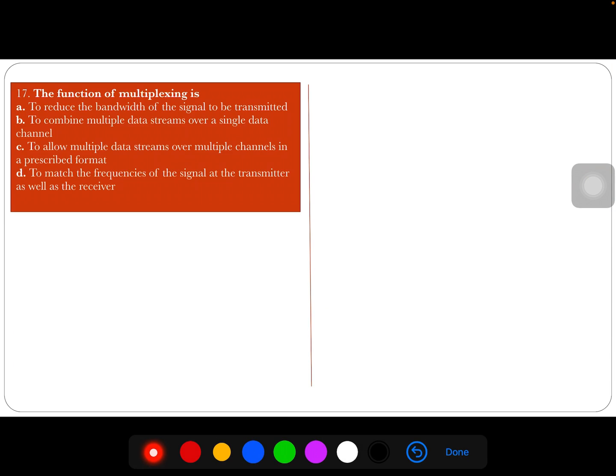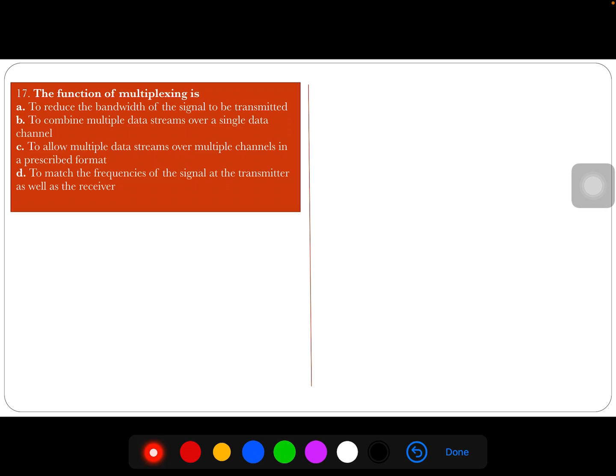Next question. The function of multiplexing is, see, what is multiplexing? When you are able to transmit two or more than two signals on the same channel simultaneously, that is called multiplexing. So let us read down the options.